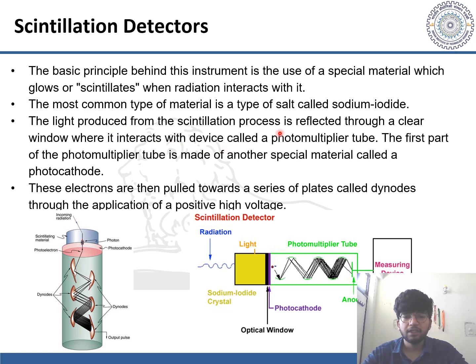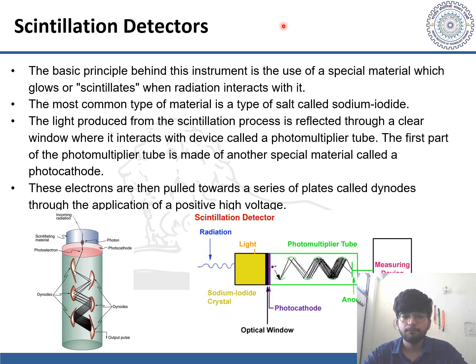The light produced from the scintillation process is transmitted through a clear window where it interacts with a device called a photomultiplier tube. The first part of the photomultiplier tube is made of another special material called a photocathode. That photocathode produces electrons, then the electrons go to dynodes. These electrons are pulled towards a series of plates called dynodes through the application of positive high voltage.